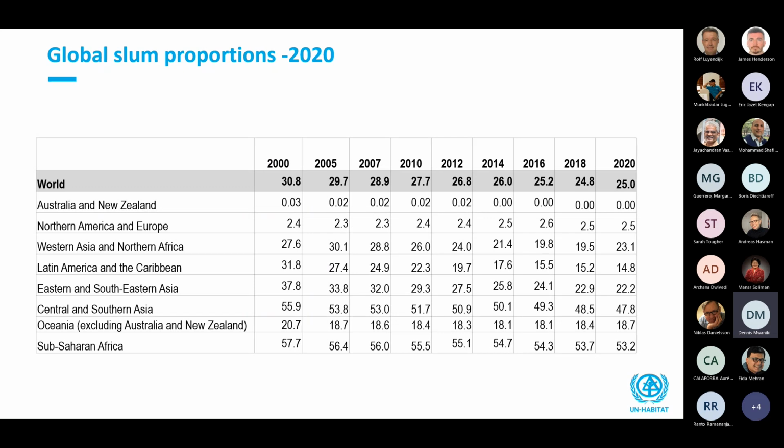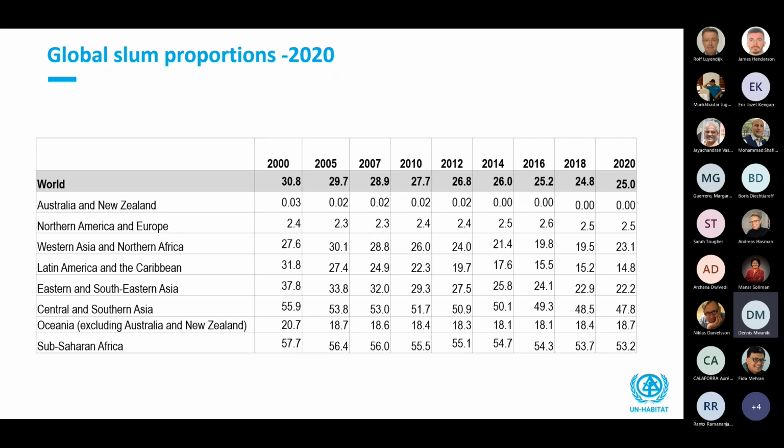You realize a slight increase between 2018 and 2020 in the share of population. This is occasioned by both a change in how we measure. We included some of the variables between 2018 and 2020, but also a slight increase in shares of population living in slums and informal settlements, especially for the developing regions, which were not always producing data in previous cycles.